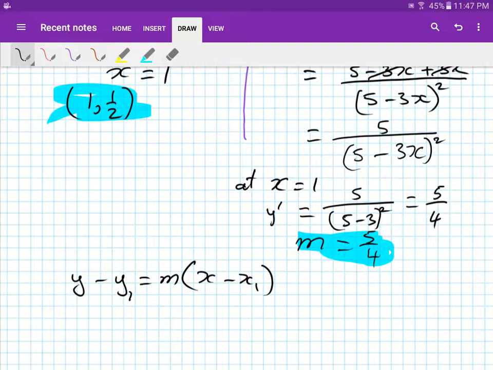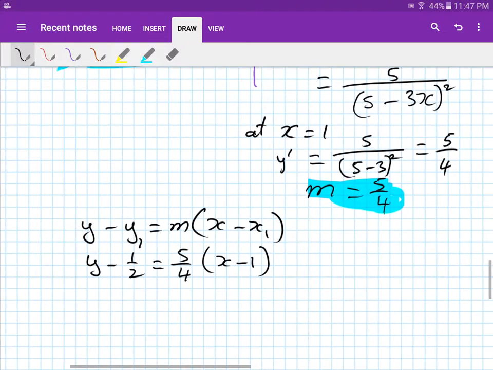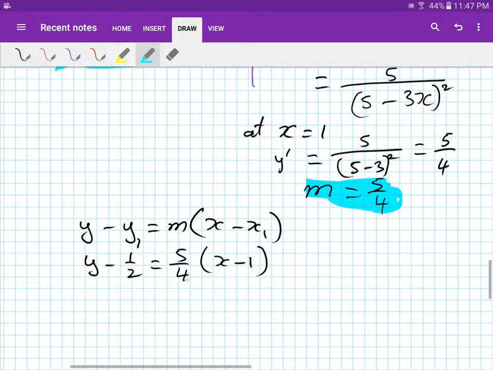So y1 is a half, x1 is 1, and the gradient is 5 over 4. So you go y minus a half equals 5 over 4 times x minus 1. Then the common multiple of 4 and 2 is 4, so I times everything by 4 to get rid of fractions and make life easier.